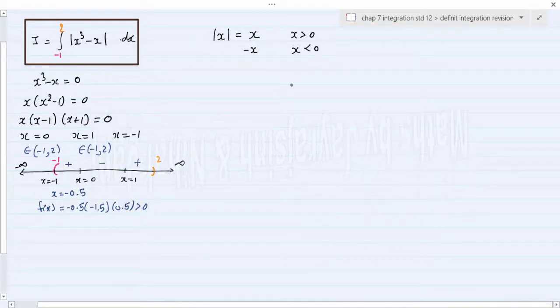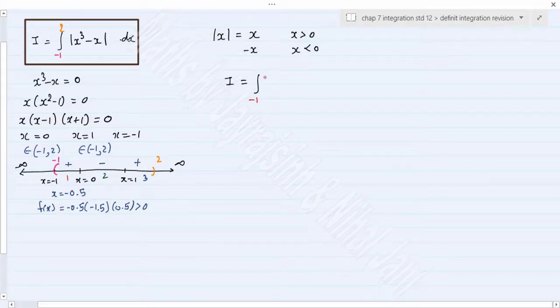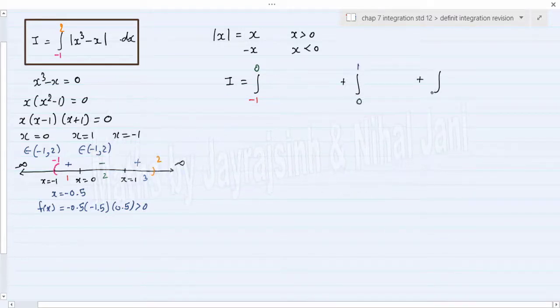So we can say our integration will be divided into three parts: 1, 2 and 3. First part will be from minus 1 to 0 plus from 0 to 1, and finally from 1 to 2.